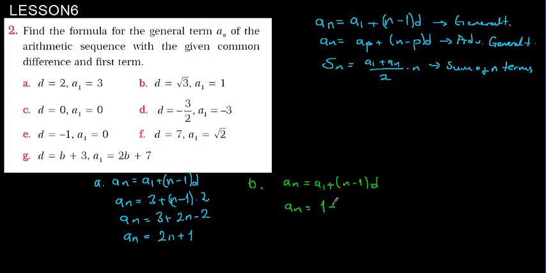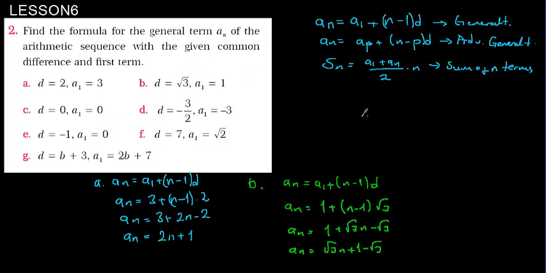So an is equal to 1 plus square root of 3 n minus square root of 3, and at the end, an is equal to square root of 3 n plus 1 minus square root of 3. This is the general term formula.